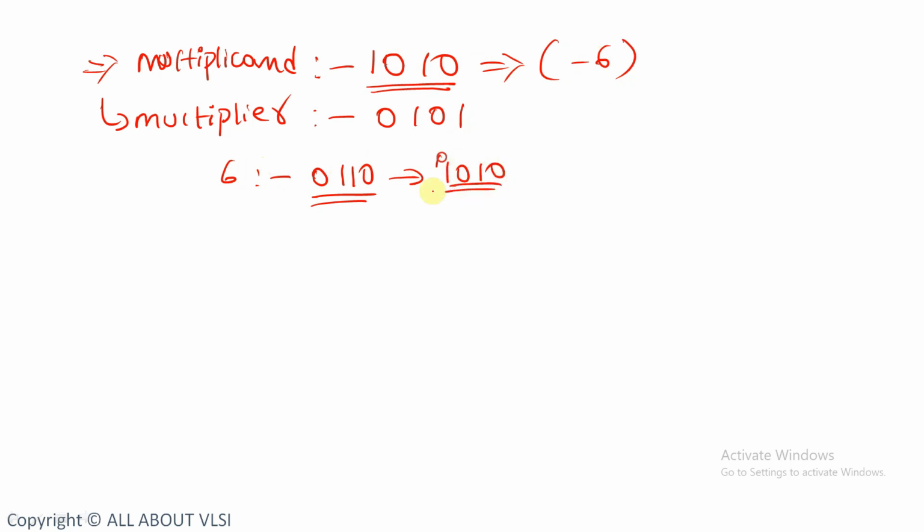If you want to perform signed multiplication using the Booth algorithm, we should convert the negative number into 2's complement form. If you multiply these two numbers, the result will be 11100010. This will be your result, and we are going to see how to perform this right now.